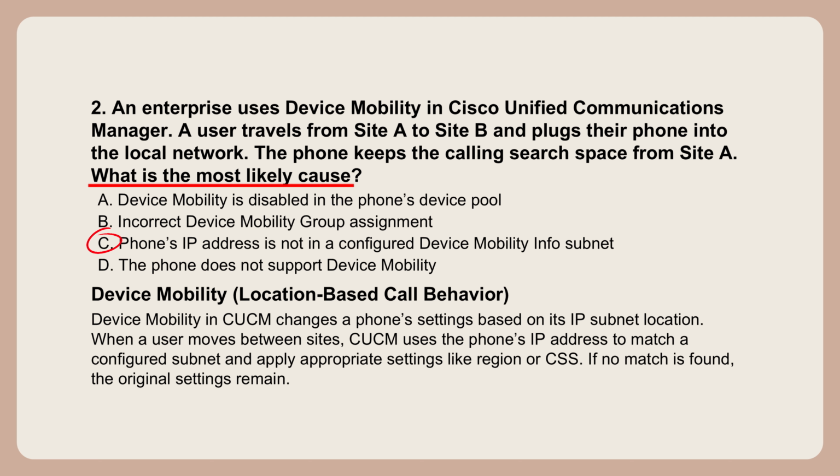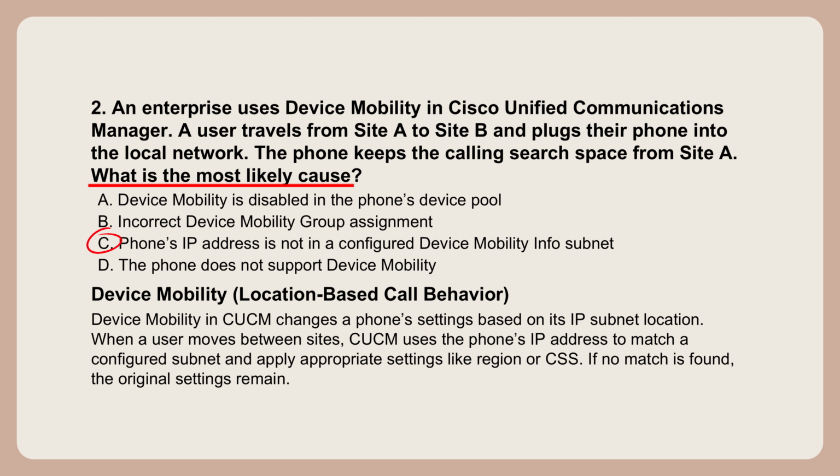Exactly. So when the phone moves and gets a new IP, CUCM checks, is this new IP in one of my known device mobility subnets? If the answer is no, then it doesn't realize the phone moved. Correct. It doesn't recognize the new location, so it doesn't apply the settings for that location, like the local calling search space. It sticks with what it knew before. Right, so it's like the address isn't in the system's map.